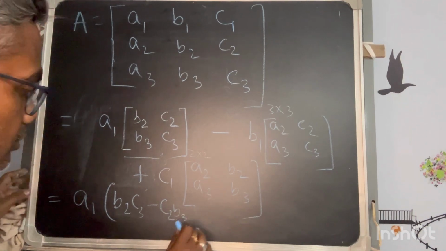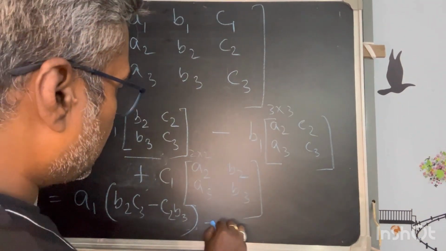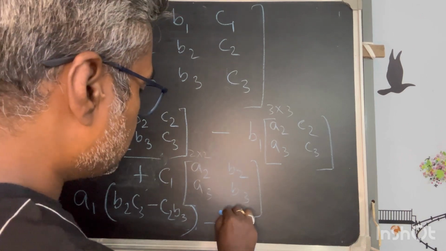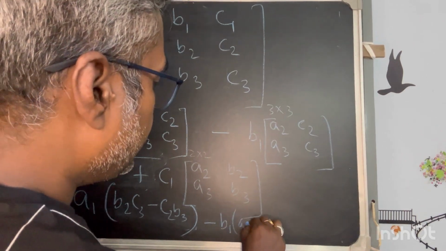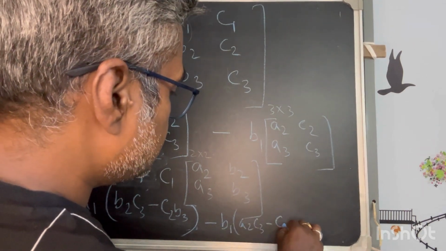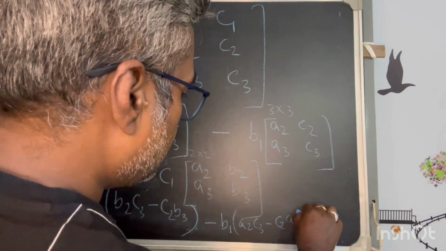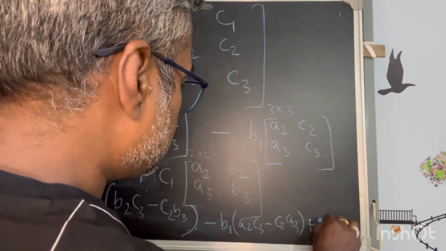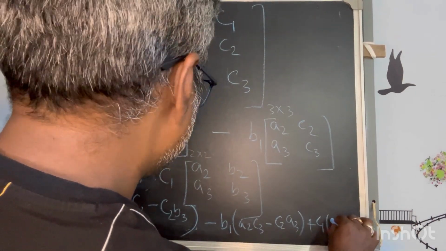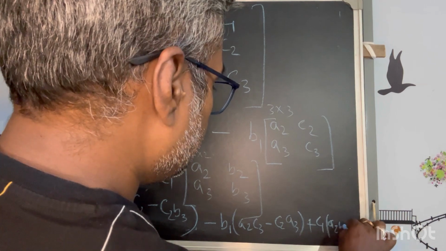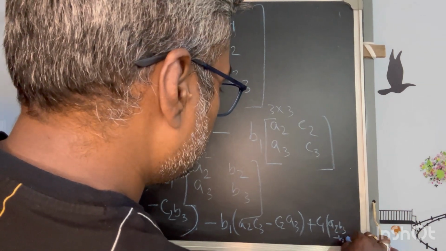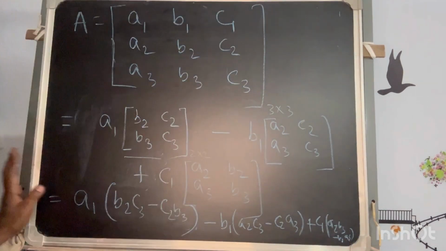The next one always has the minus sign already, B1 A2 C3 minus C2 A3, and the last one will again be plus C1 into A2 B3 minus B2 A3. So this is the complete expansion.